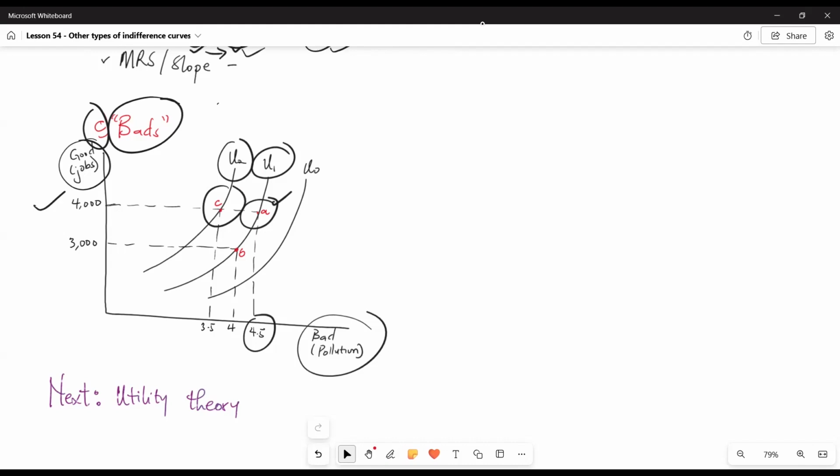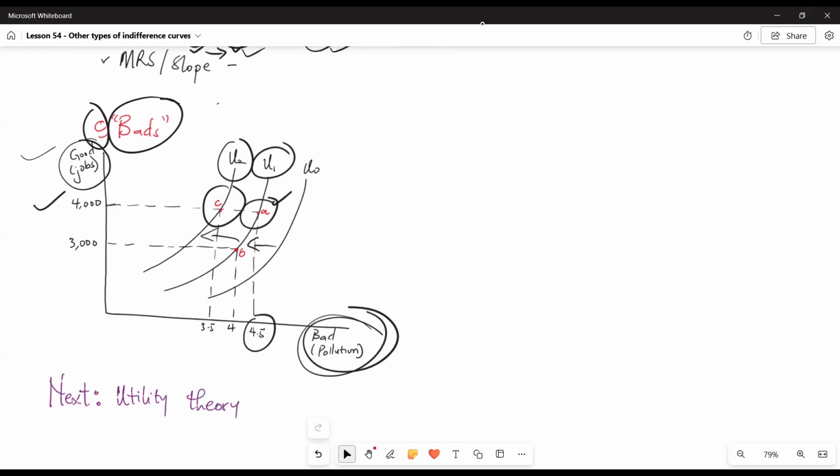So in this case of bad commodities, upward sloping indifference curves imply that indifference curves to the left are preferred to those to the right, because anytime we move to the left, we have less and less pollution, even if the good commodity has not changed.